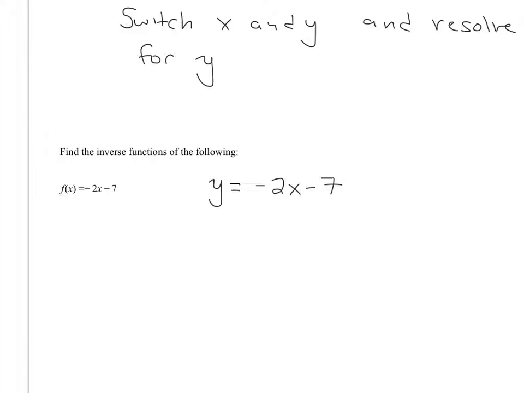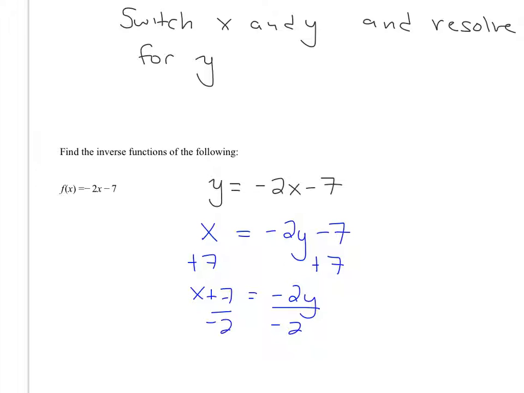So in the process of finding my inverse, I will switch x and y, so x equals negative 2y minus 7, and I will now solve for y. So I'll add 7 to both sides. So it's x plus 7 equals negative 2y. And then I'm just going to divide everything by negative 2.